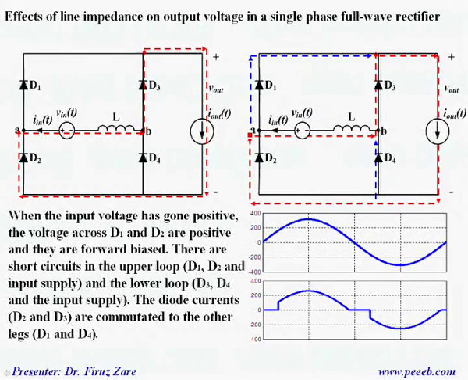So using the same method we can look at the effects of line impedance on output voltage in a single phase full wave diode rectifier. Suppose these two diodes are conducting, and once the input voltage is getting positive, then we may turn on D1 and D4. But again, when we concentrate on this node, because the output current is constant, the sum of this current plus this current equals the output current.